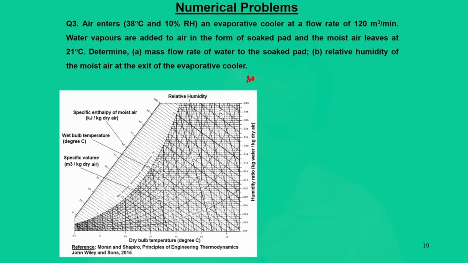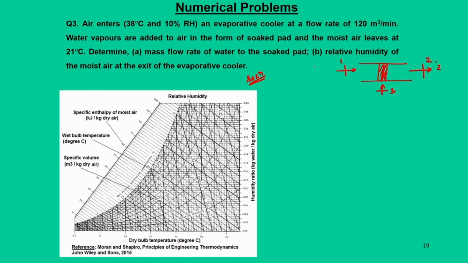To do that, we have to first draw the simple system. We have some kind of soaked pad which is kept, which gives the water at state 3; moist air enters at state 1 and leaves at state 2.